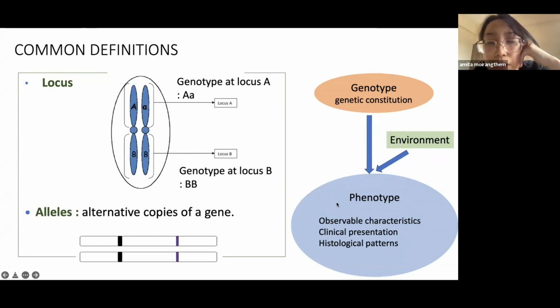These are the observable characteristics. In terms of what we see in medical practice, it is the clinical presentation in terms of history, signs and symptoms, or if we look at tumors, even the histological patterns that are characteristic for each tumor. That is also a phenotype of that particular tumor.